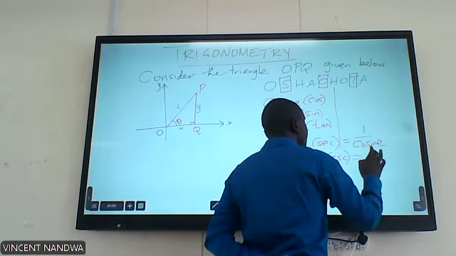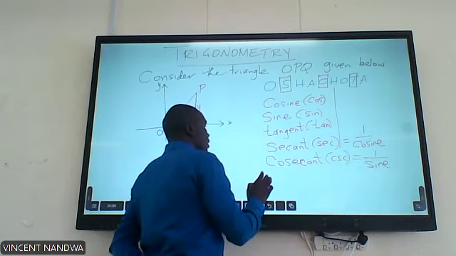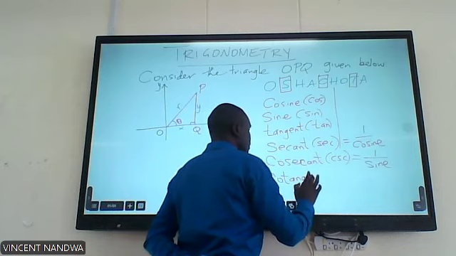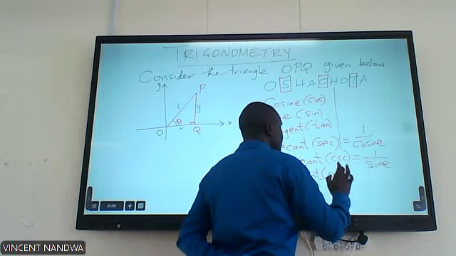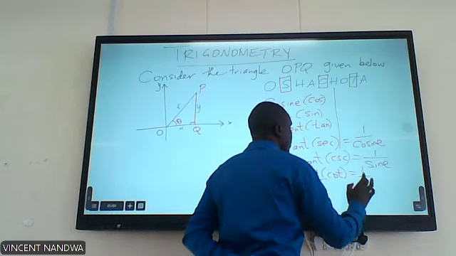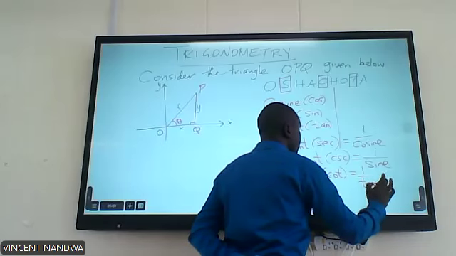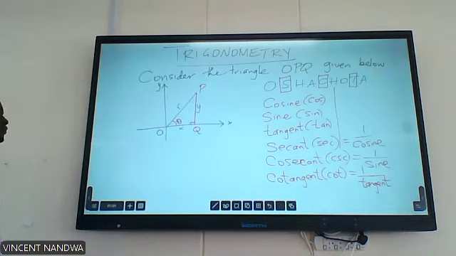This is the reciprocal of sine. And then cotangent, which we abbreviate by cot, and this is 1 over tangent. So these are the basic six trigonometric ratios or functions.